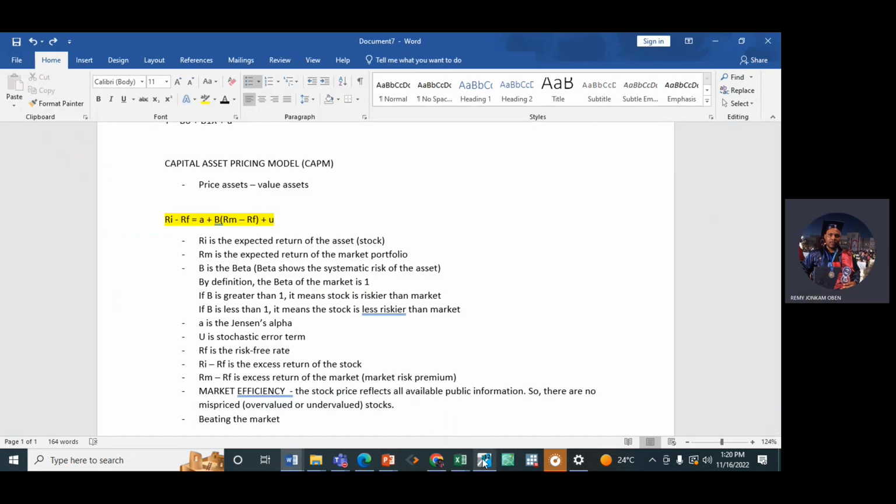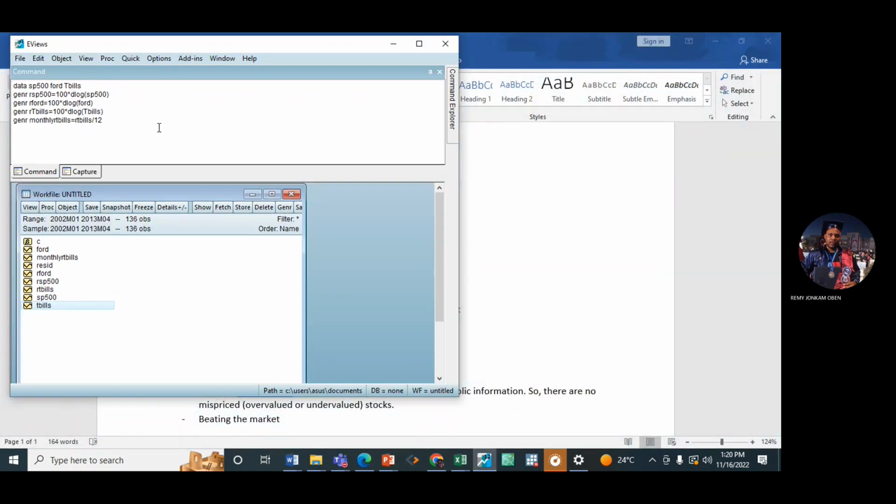So what I'll do is generate. You can do it on Excel, but let's do it here. Generate. What's the return of stock? What did we call it? Ford, return of Ford. So I want to generate excess return of Ford. You can call it anyhow. Ford, which is equal to, what's the formula?